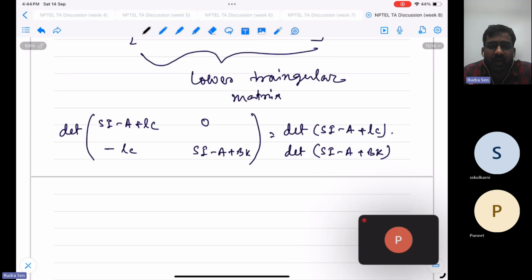You design these two things separately. Use the Ackermann formula if you're using a SISO system, or a different formula if you're using a MIMO system. You will find the values of L and K, and you will see that your system can estimate the state properly and control the state properly. Okay.